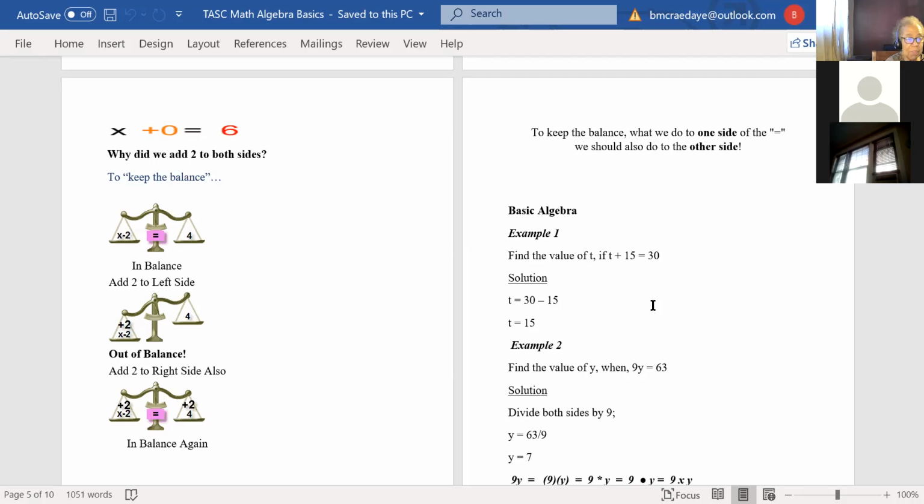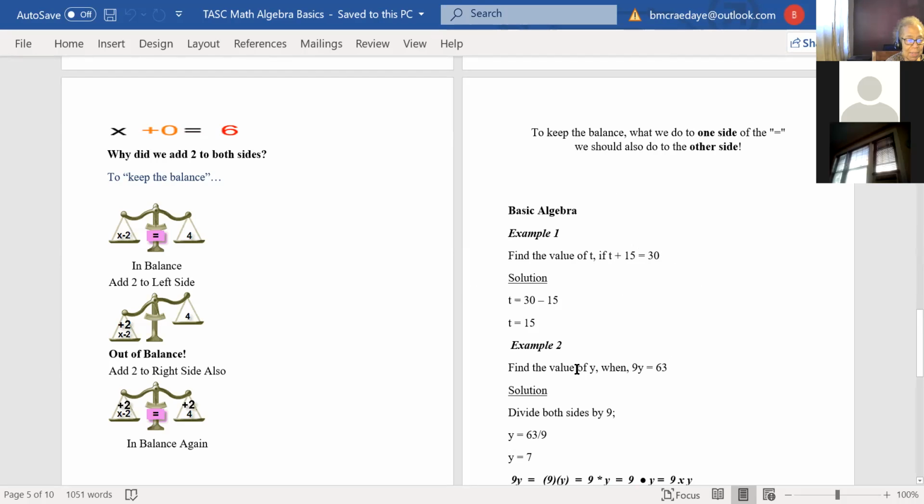That's it, it can only be 15. T plus 15 is 30. Subtract 15 from both sides of the equation. 30 minus 15 is 15. Left side, the plus 15 minus 15 gives you 0. So you see they're connected by addition. You do the opposite operation, which is subtraction.